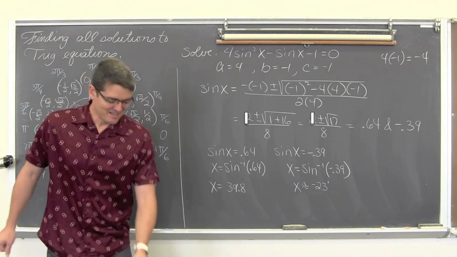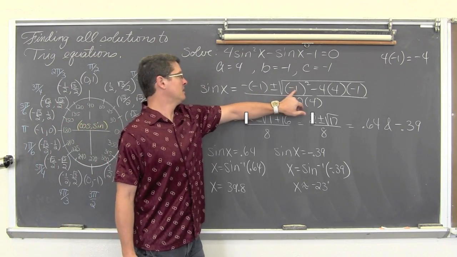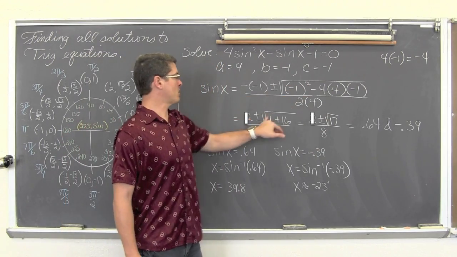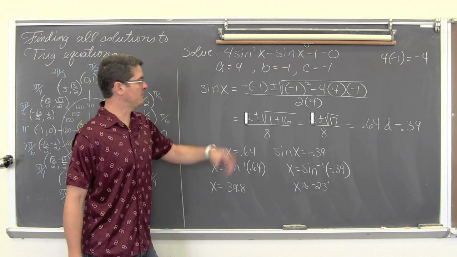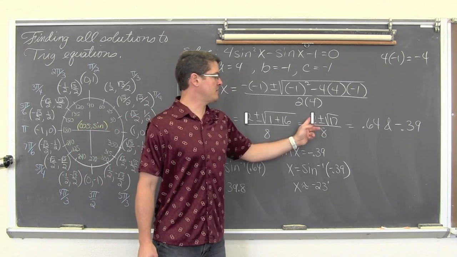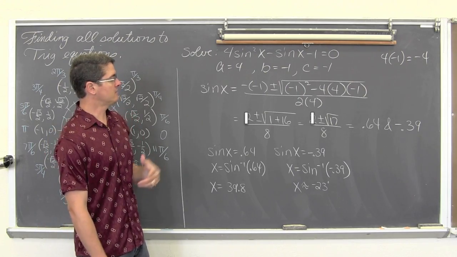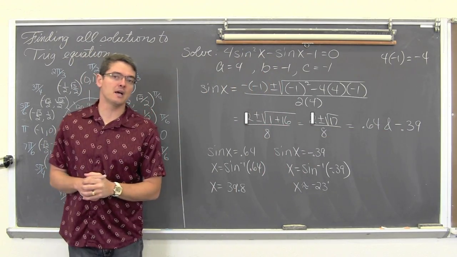Here we go. So I've plugged in my values of a, b, and c. -1 squared is 1, 4 times 4 is 16, the two negatives make a positive 16, and my quadratic has come out to be 2 plus or minus the square root of 17 over 8, and then that simplifies down to 0.64 and -0.39.